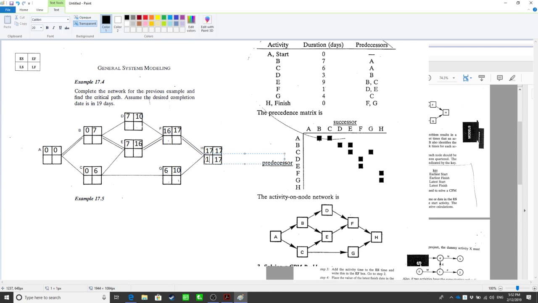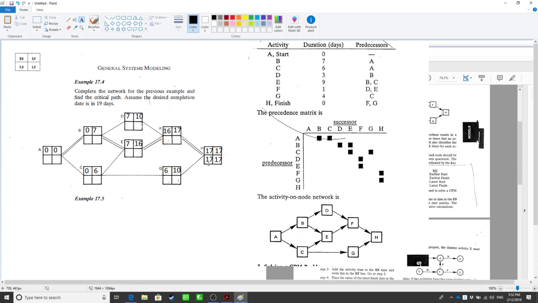Right, okay, 17. It's also going to be 17 because LS is the latest time to start. Okay, since it's dummy nodes, it's going to be all the same actually. Yeah, so it's 17 because the duration is 0, right? So H takes 0 time to finish.